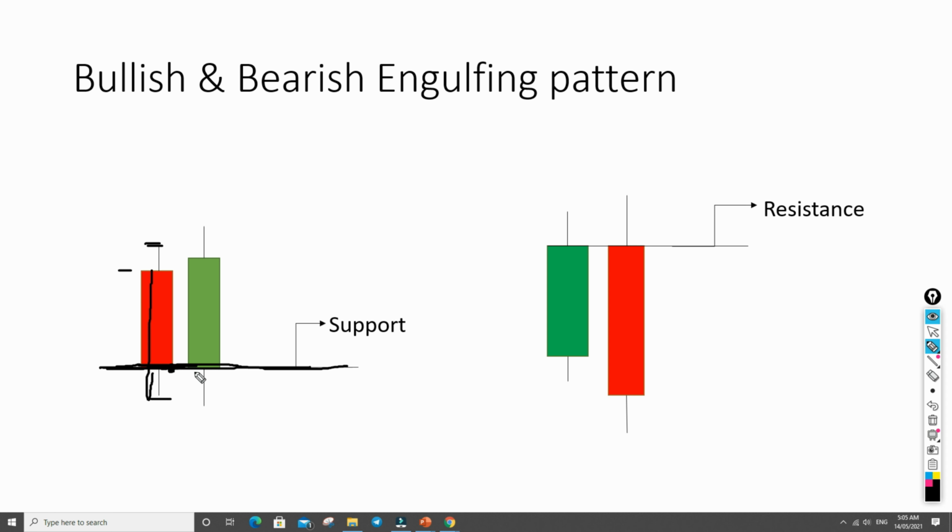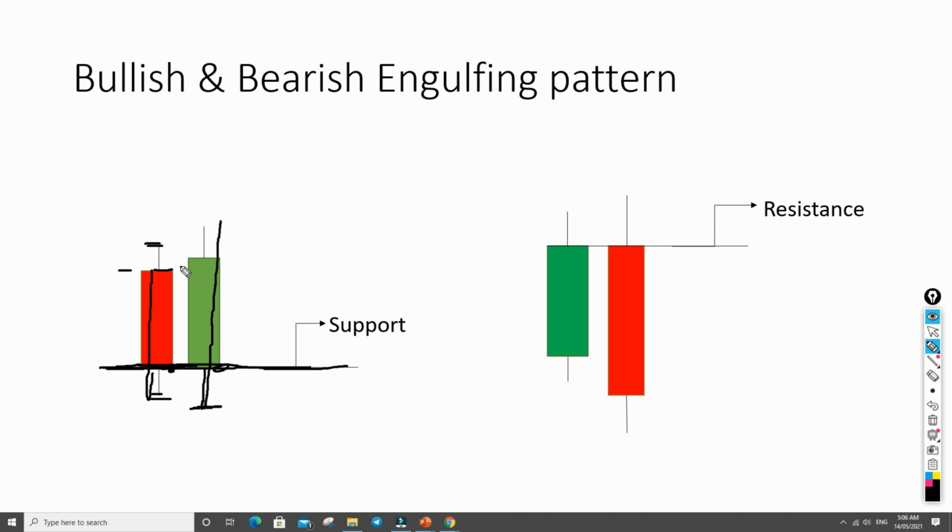what happened? The buyers came strongly, and the sellers tried to put the price below and went a little bit lower than this low, and then buyers came strongly into the market and pushed the price higher than this selling candle. So the seller was here.